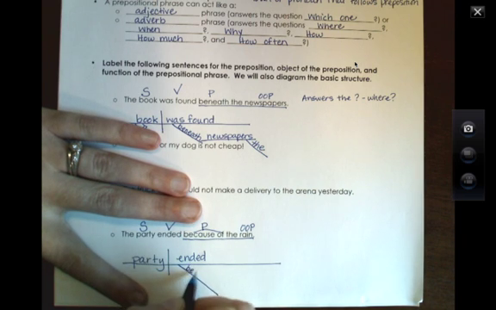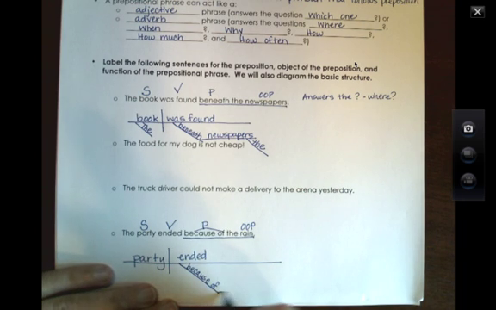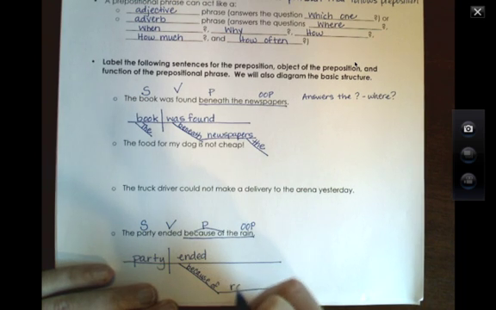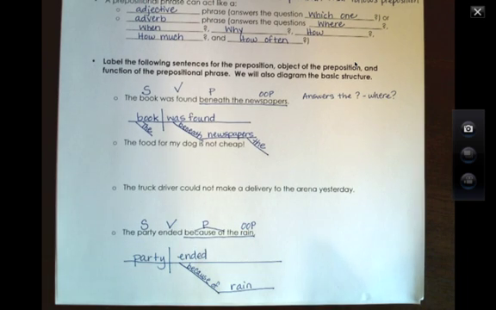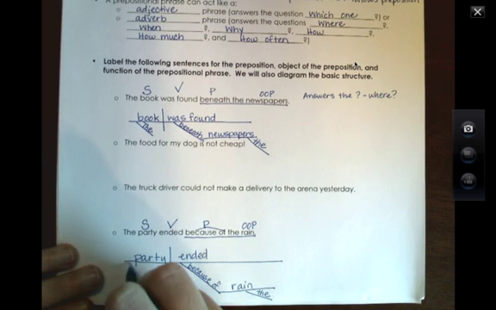So let's go ahead and write because of. And then our next step is to diagram our object of the preposition, which is rain. And then in our sentence, we're left with just articles, which function like adjectives. So the goes under rain because it's telling us which rain. And then you also have the for party.